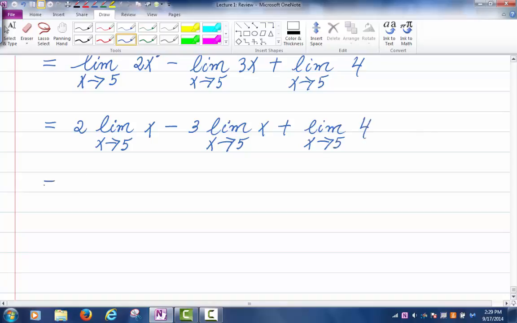Now remember, the second theorem says the limit of x as x goes to a is a, right? So what's the limit of x as x goes to 5? That's 5, minus 3 times 5, and the limit of a constant is the same constant, 4. So if I apply all these rules, I get this.